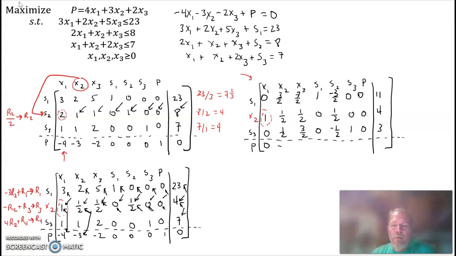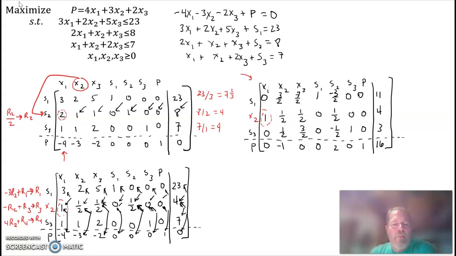I'm sorry, is -1. 4 times 1/2 is 2, plus this -2 is 0. 4 times 0 is 0, plus 0 is still 0. 4 times 1/2 is 2, plus 0 is 2. 4 times 0 is 0, plus 0 is still 0. 4 times 0 is 0, plus 1 is 1. And 4 times 4 is 16 plus 0 is 16.